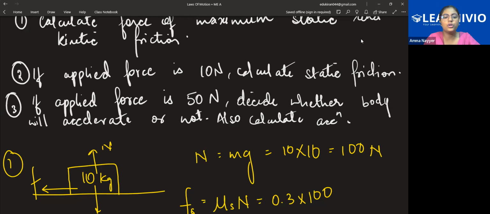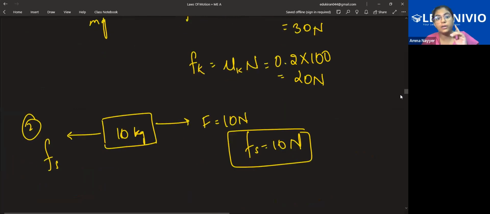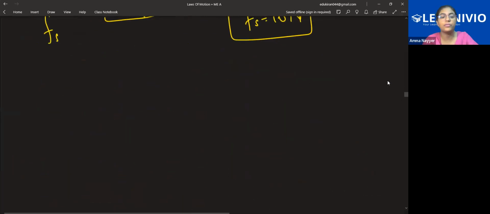Firstly, you should know what is your static friction. Then only you will be able to figure out whether you have your static friction or your kinetic friction available. Why? Because we have studied that whenever we have static friction in our calculations, if we overcome it, then only we'll be able to analyze things.